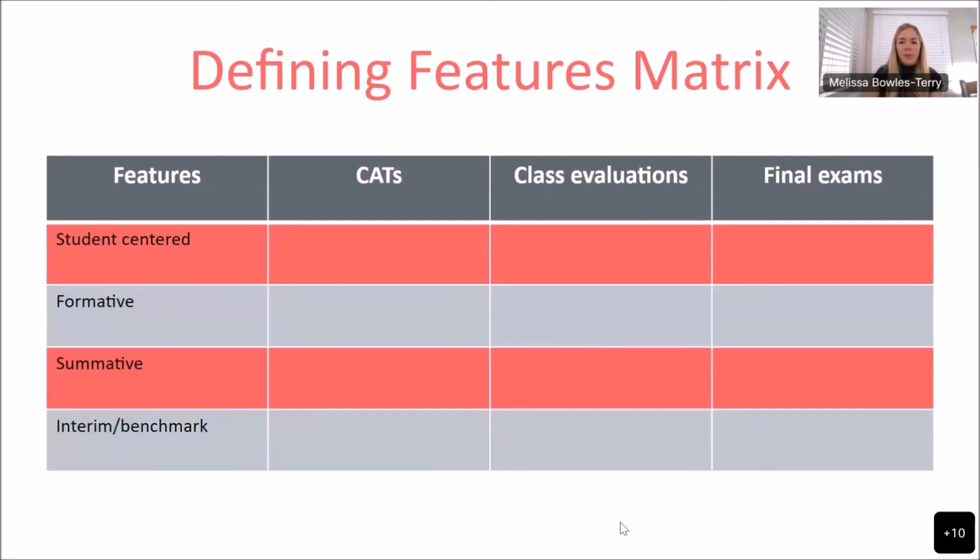A defining features matrix is useful when you are talking about 3 different topics, or more or less than 3.